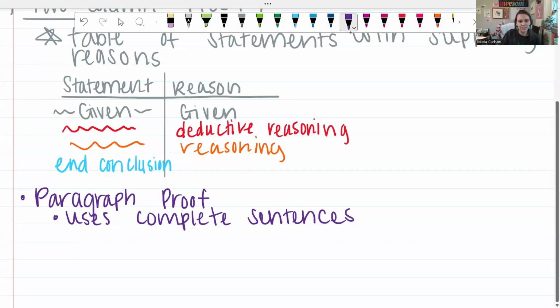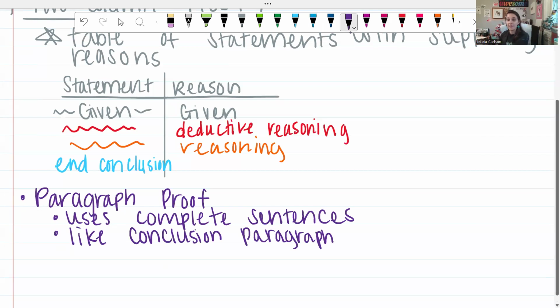And if you think about it in an essay, it's kind of like the conclusion paragraph of your essay. You're summing it all up. You're putting all of the pieces together. You're including what you need using those complete sentences.